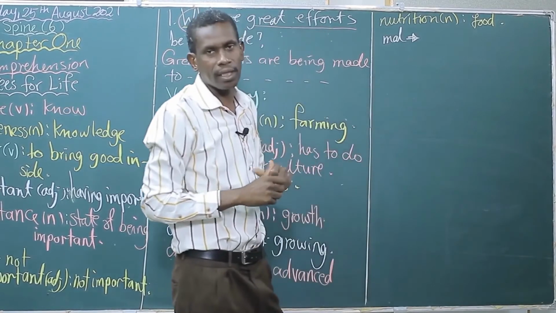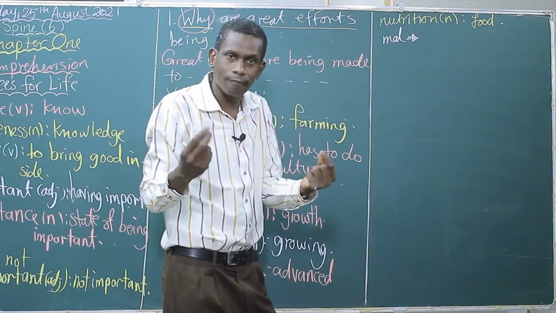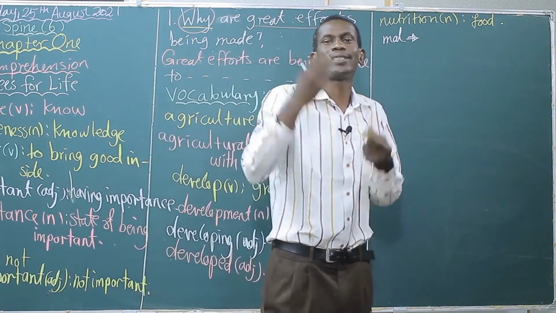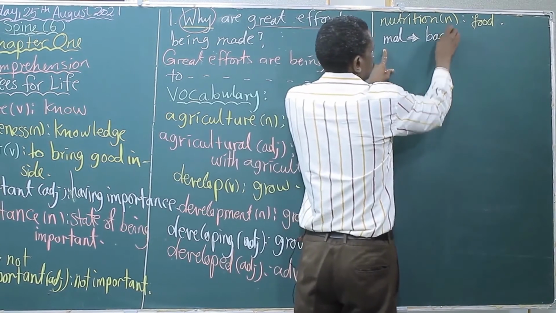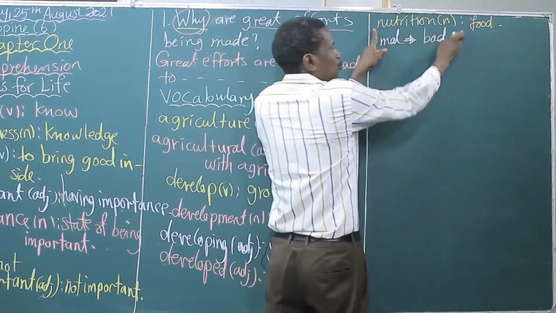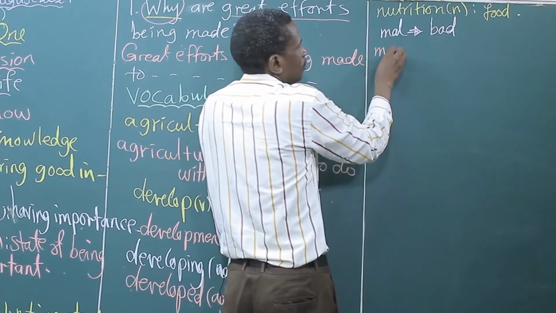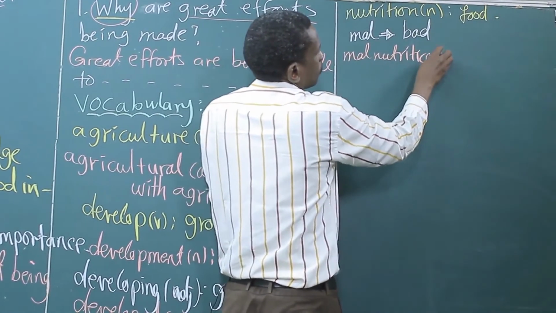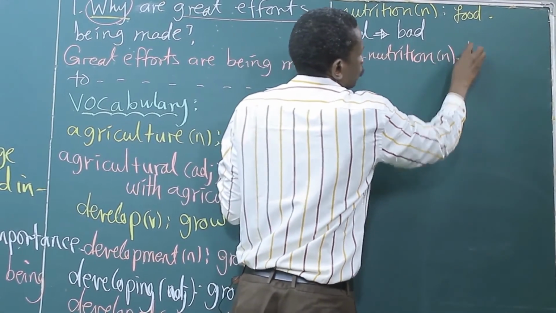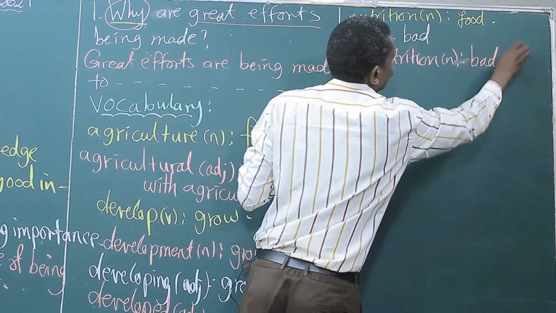And as I told you many times, the prefix is the word that has a meaning and it always changes the meaning. Mal means bad. Nutrition means food. So malnutrition together means bad food.